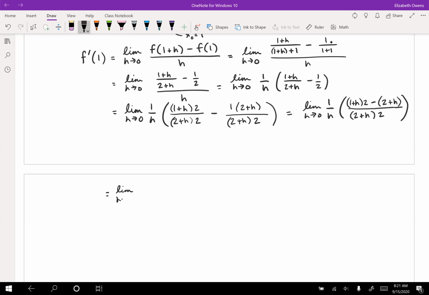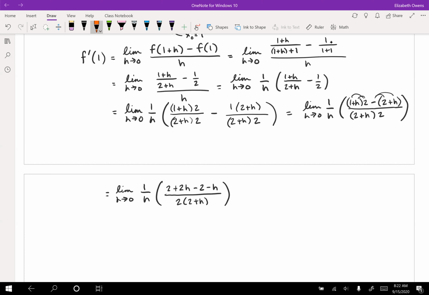Limit as h approaches 0, 1 over h, and let's distribute. We're going to have 2 plus 2h, and then distribute here, minus 2 minus h, all over, I'm going to write those in the other order, 2 times 2 plus h, like so.